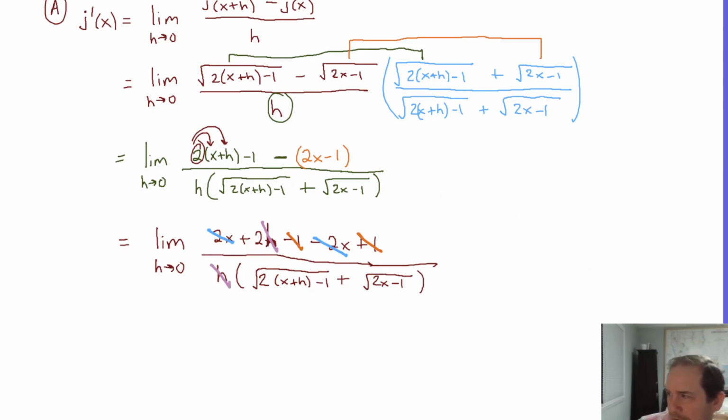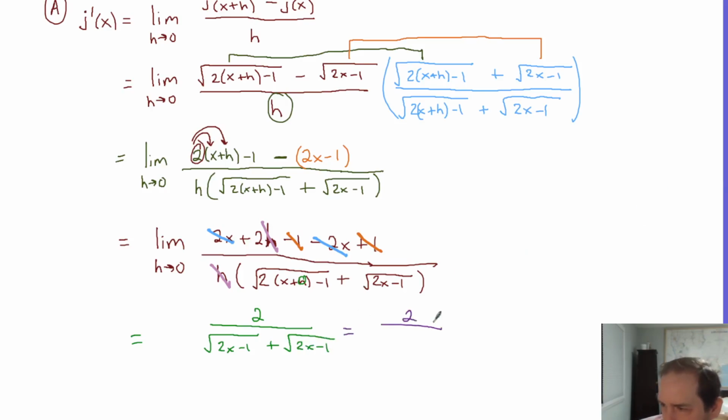So we are now going to keep on cleaning. We've got 2 over, and I am going to go ahead and substitute in 0 now. When I substitute that in, that means that in the denominator, this is just an x plus 0, so that's just x. So this is just a root of 2x minus 1, which is the exact same thing we had over here, a root of 2x minus 1. Which means I can combine those two radicals in the denominator.